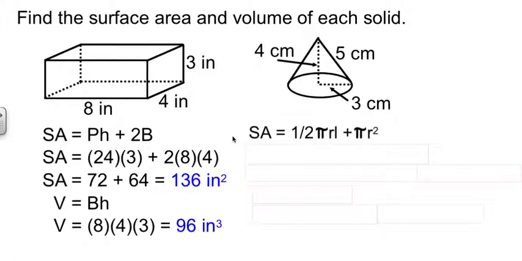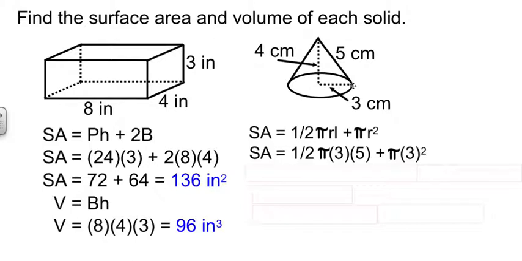The surface area of a cone is half pi times the radius times the slant height plus pi r squared for the base. Well, let's plug in. Half of pi times 3 is the radius, 5 is the slant height, plus pi times 3 squared.